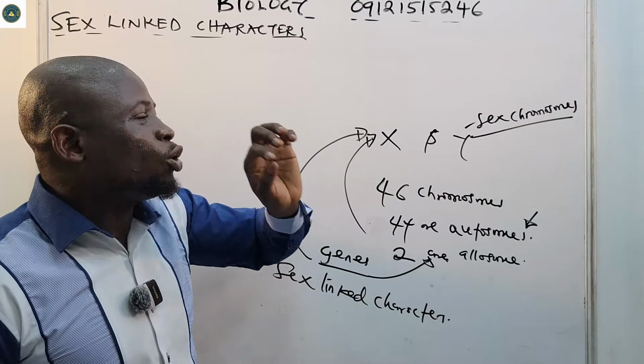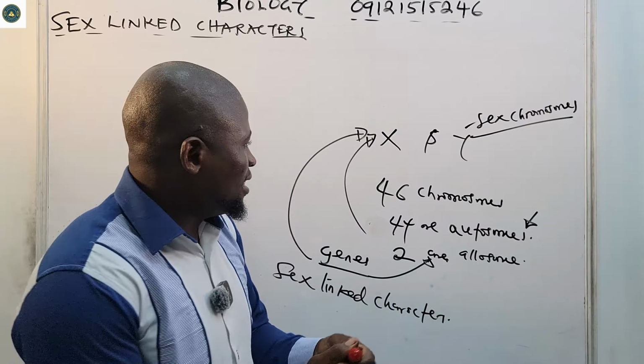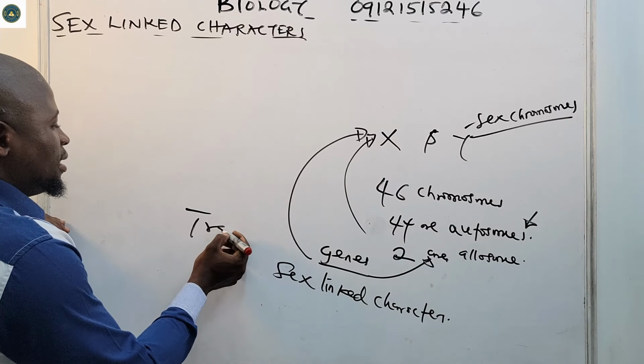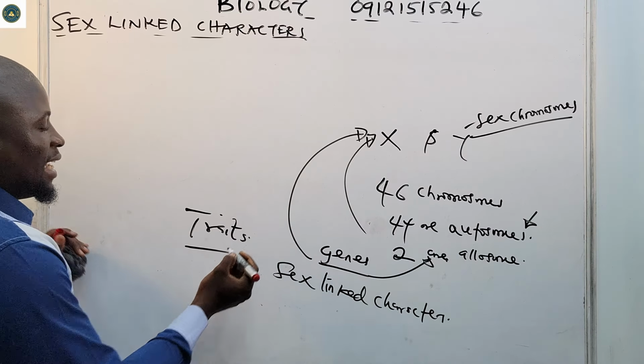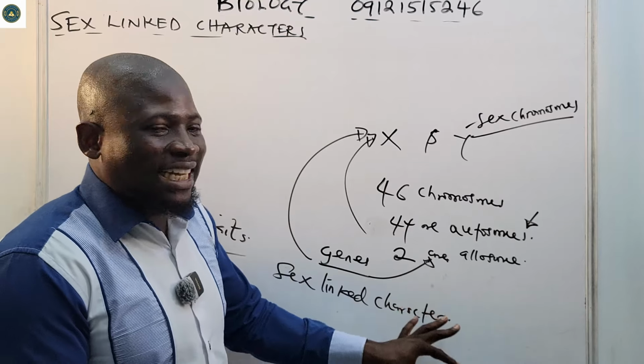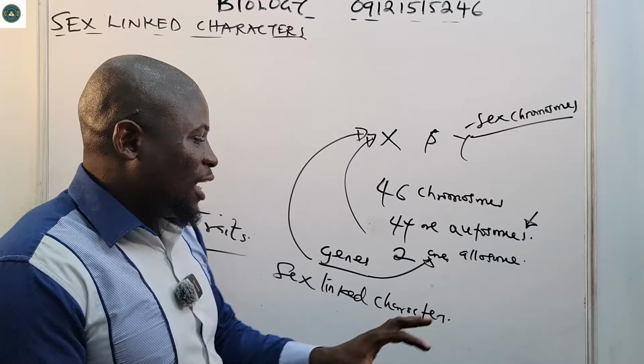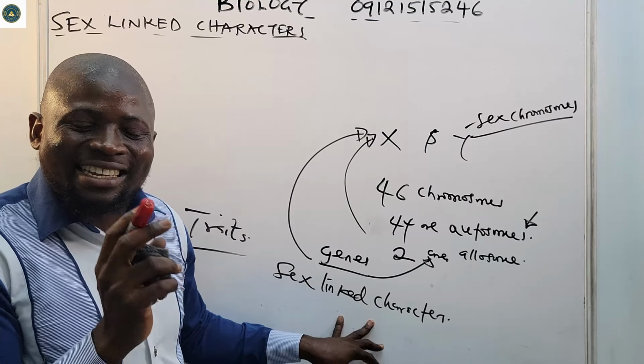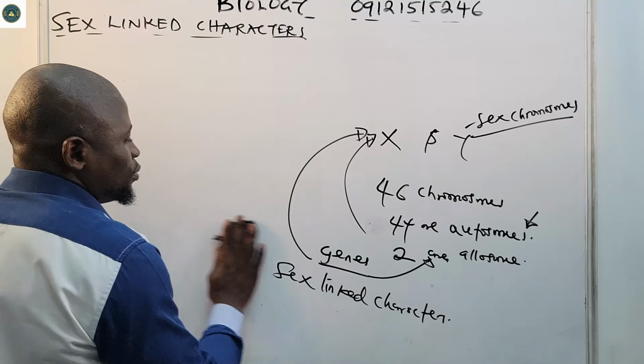The traits that are controlled by these genes that are located on the sex chromosomes are the ones that we know as sex-linked characters. Okay, let us put that in writing.